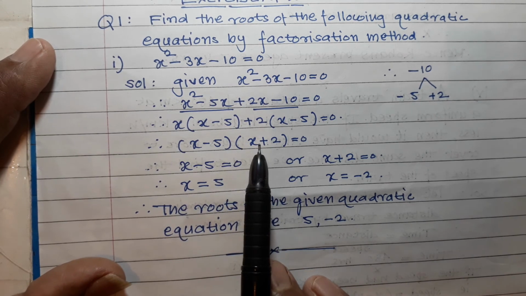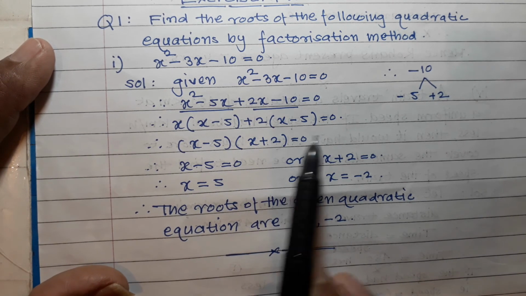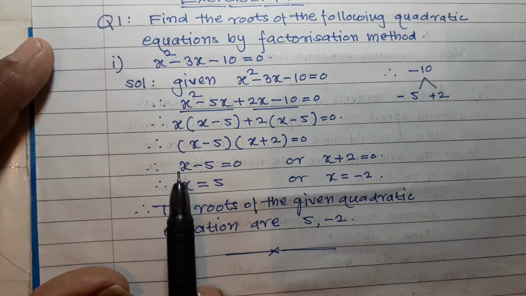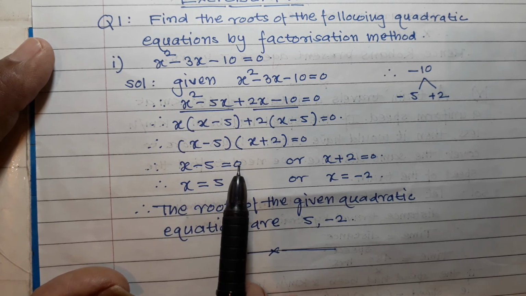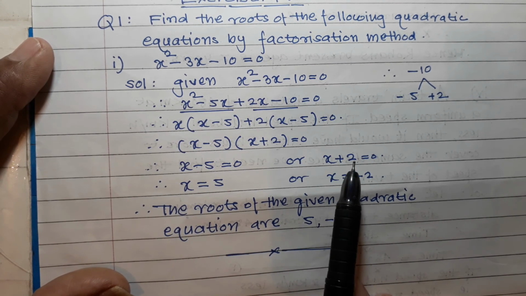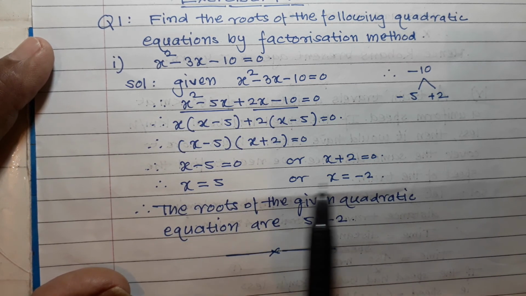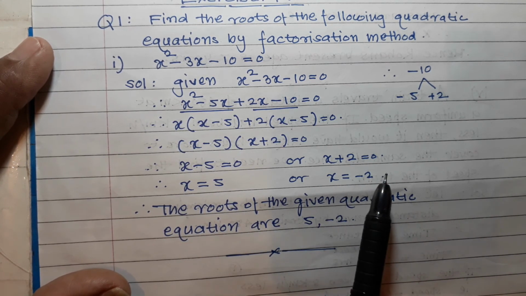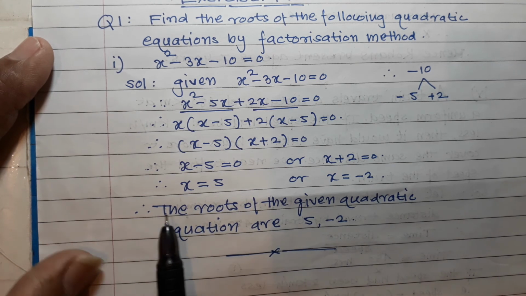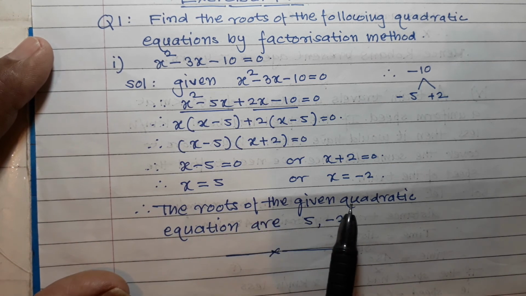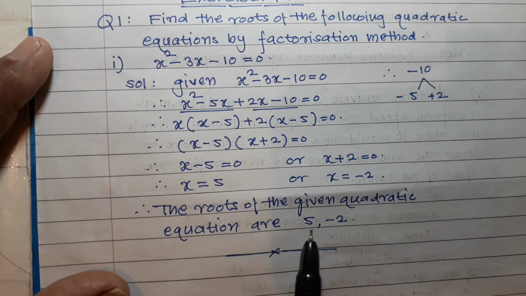In the second bracket x plus 2 is equal to 0, and therefore x minus 5 is equal to 0, or x plus 2 is equal to 0, and therefore x is equal to 5 and x is equal to minus 2, and therefore the roots of the given quadratic equation are 5 and minus 2. Okay.